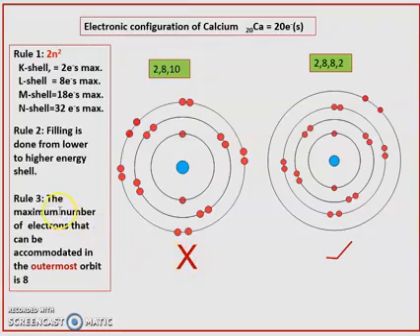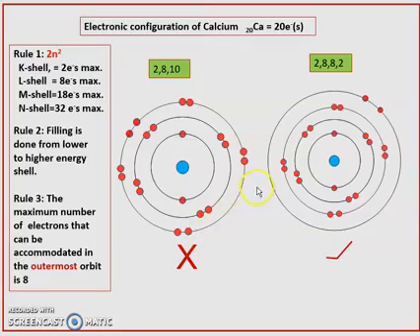Because rule 3, the third rule, says the maximum number of electrons that can be accommodated in the outermost orbit or outermost shell is 8. It is true that this third shell can take a maximum of 18. So 10 is okay on it. But remember, this third shell is the outermost shell, the last shell. And the third rule says that as long as it is the last shell of any atom, the maximum number of electrons that you can find there is 8.